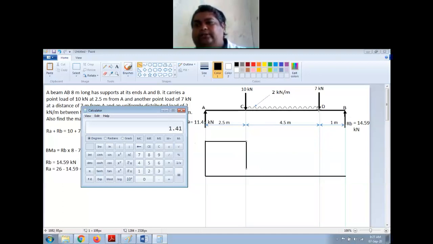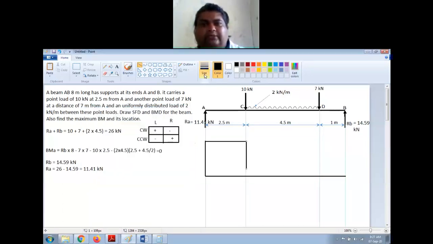At this point, the shear force because of UDL will be the maximum force or the total force, which is equal to 2 kilonewton into 4.5, that is 9 kilonewton. So at this point, it will be 9 kilonewton downwards, and at this point, it will be 0. So I will just, you don't have to draw like this.